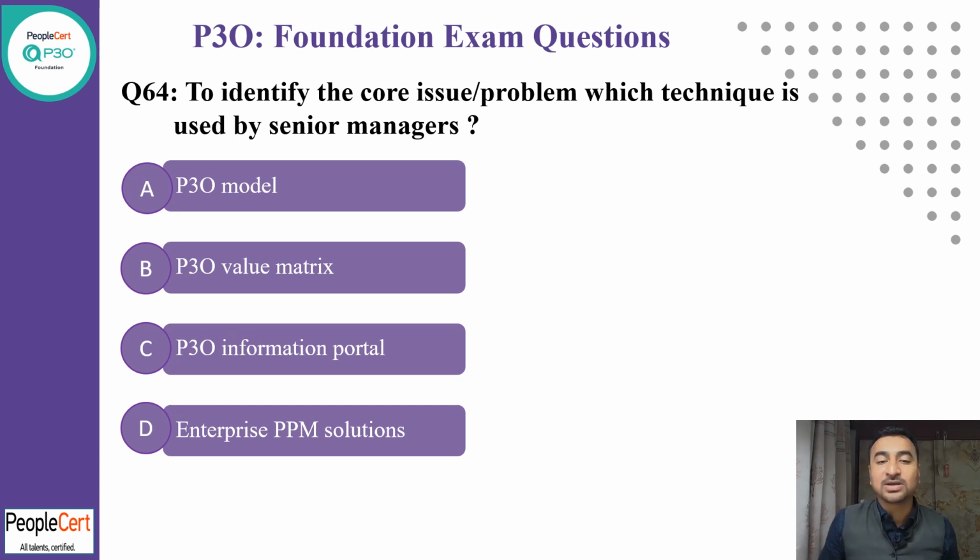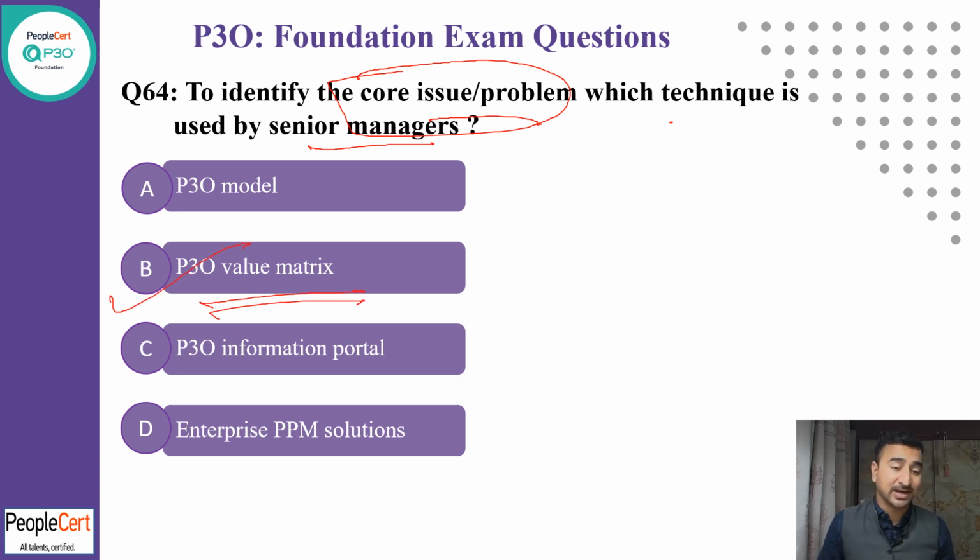To identify the core issues of a problem, which technique is used by the senior management? It's a very direct question: which tool or technique do we use to identify the core issues of the problem. P3O value matrix, state question and state answer. The P3O model, P3O information portal, enterprise review software, these are tools.